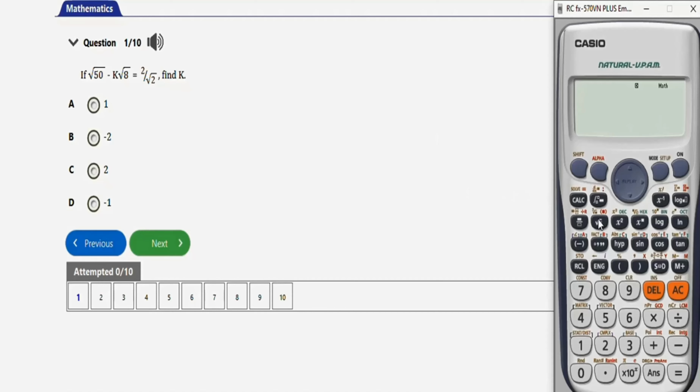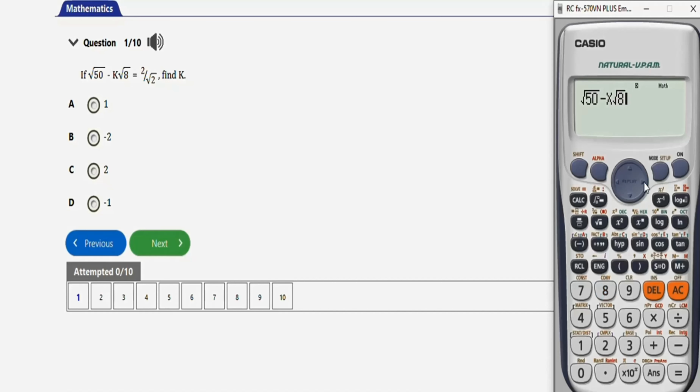So we have root 50, then minus, let's replace k with x on this calculator. That's what the calculator recognizes. We have alpha and this button for x to come out, then root 8.